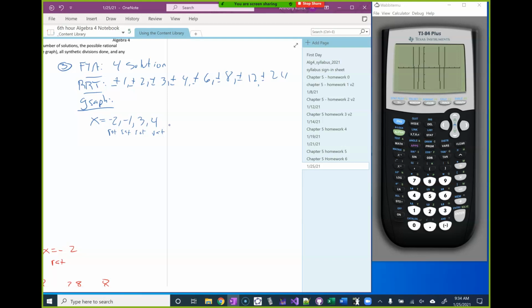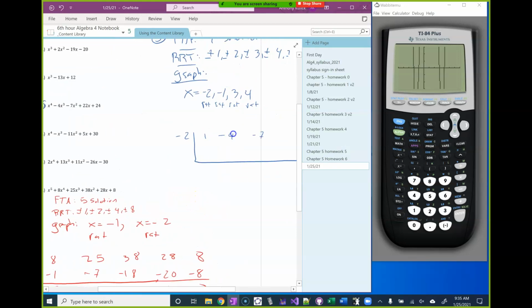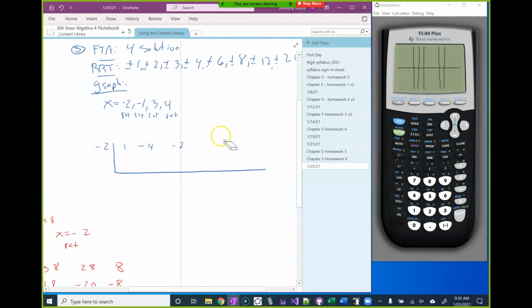So I'm just going to start with negative my synthetic division. So that one works, right, as I expected it to.